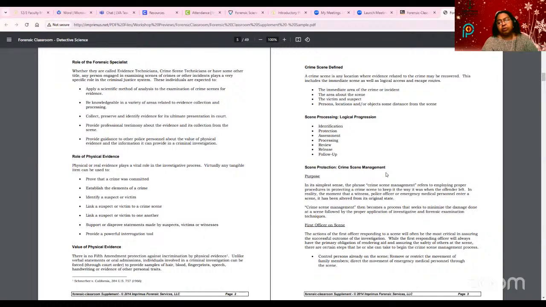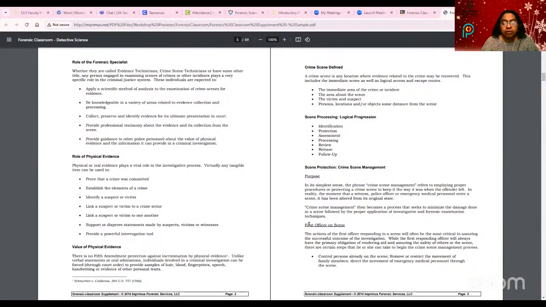Crime scene protection. So we did an activity at the beginning of the year with this as well. So first of all, you have to protect the crime scene. We cordon it off and make sure that nobody else walks through it and disturbs it. Protecting the crime scene means that you're not going to disturb the evidence. You need to leave it as close to the way the scene happened when you met it as possible.